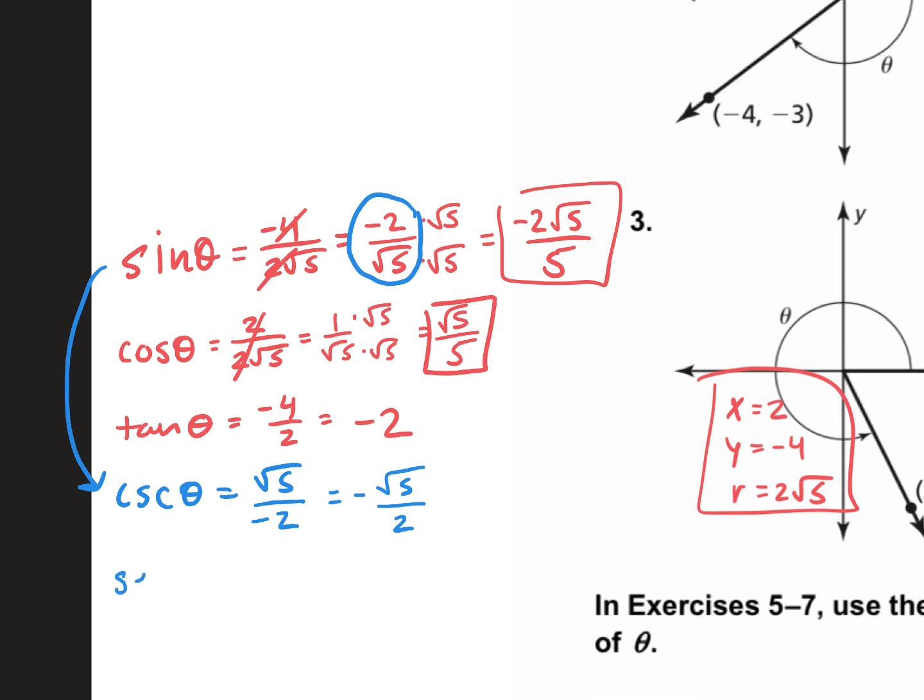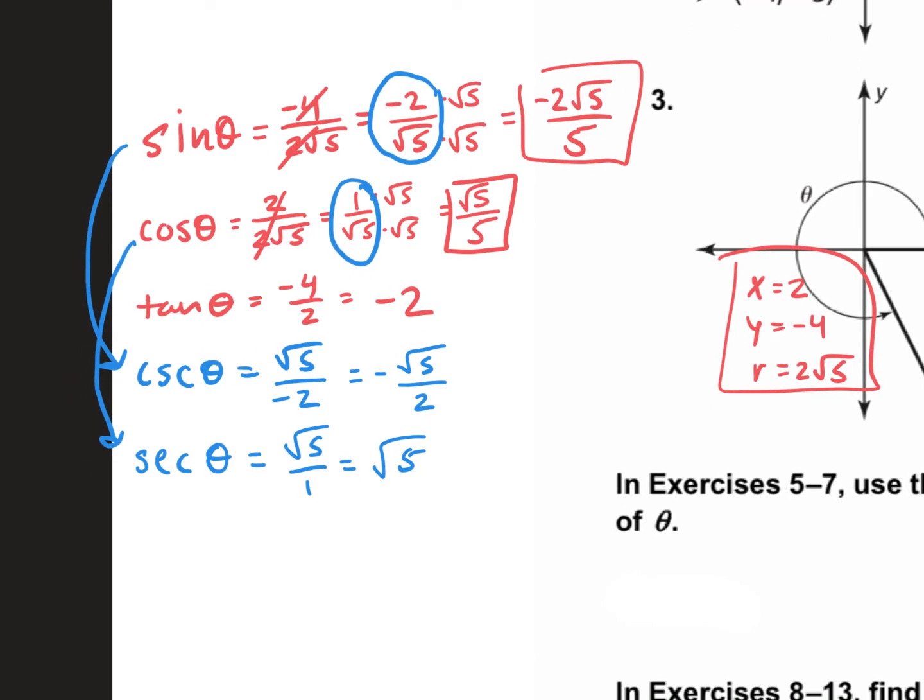Next, we have our secant. Secant's the reciprocal of cosine. So cosine was 1 over square root 5, so we flip it, square root 5 over 1, which is just square root 5. And then lastly, we have cotangent, which is the reciprocal of tangent.